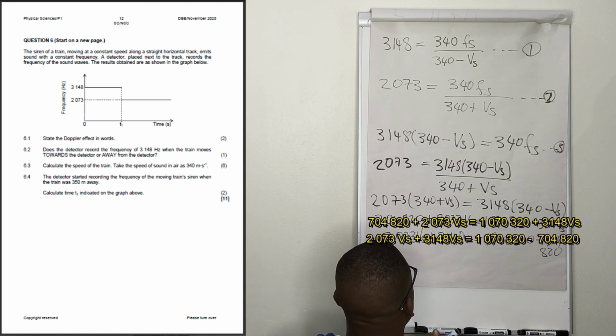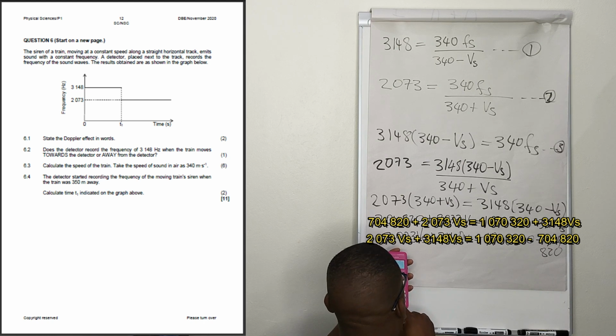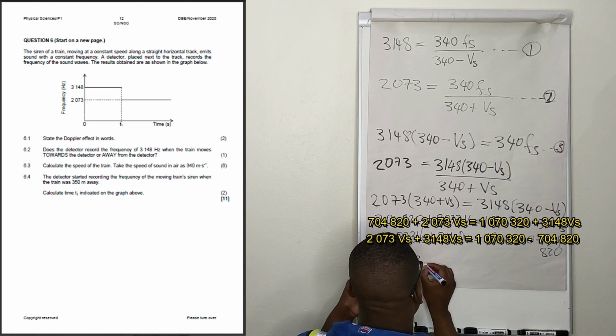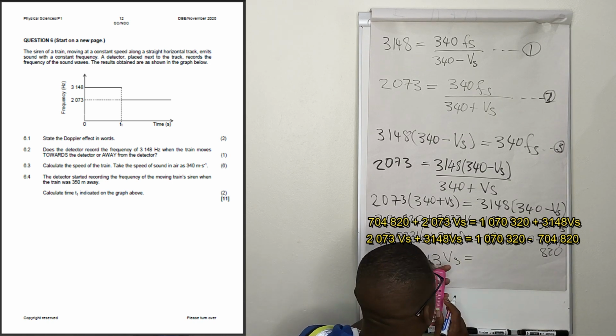So we simplify this, you add these two, 2073 plus 3,148. What do we have? We have 5,213 Vs, which is equal to what?